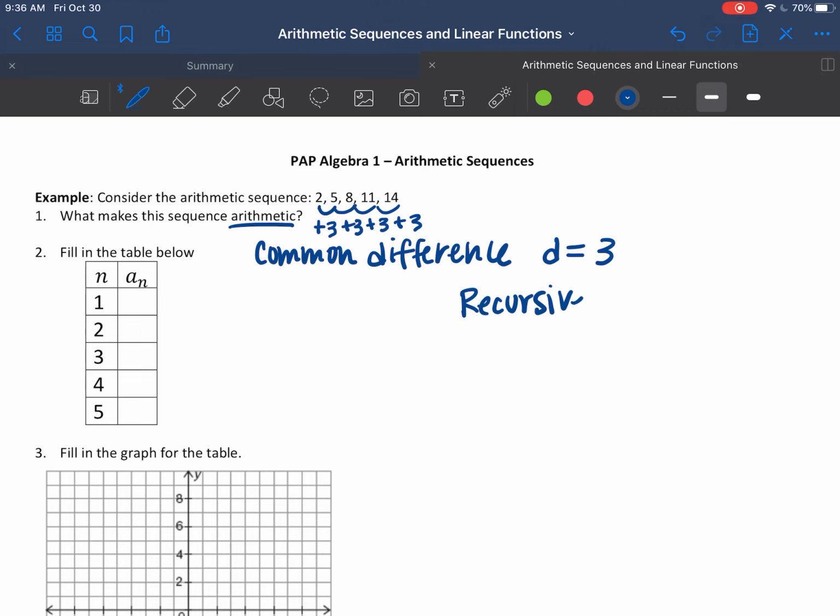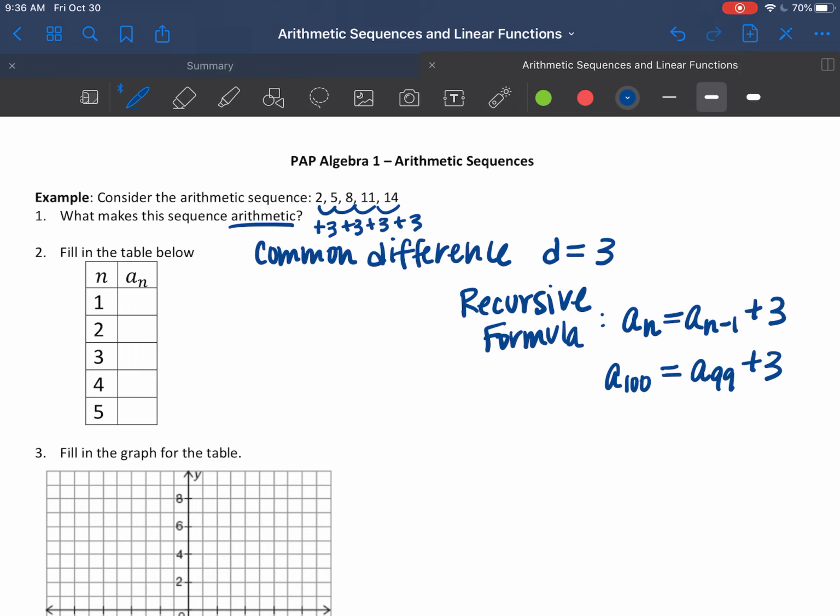Okay, so for the recursive formula, we could get the nth term by taking the previous term and adding 3. Okay, and so if I wanted the 100th term, I would have to know the 99th term to be able to add 3 to it.